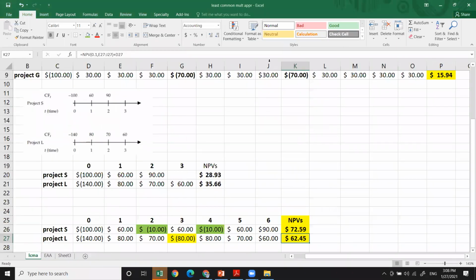Is there any difference if we're comparing projects and one is using MACRS accelerated depreciation and one is using straight line depreciation? Yeah, of course. In here we don't know how the NPVs are derived. It could be through MACRS, it could be through straight line. So we should check the cash flow projections.